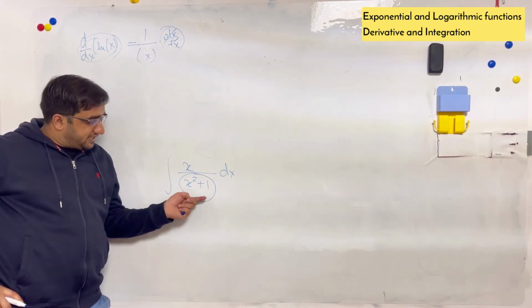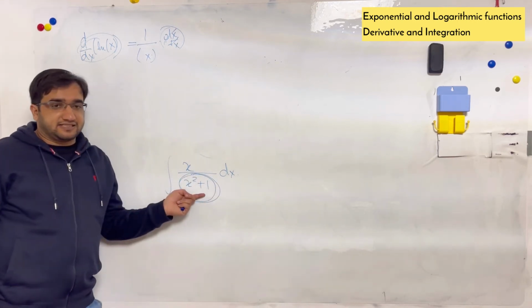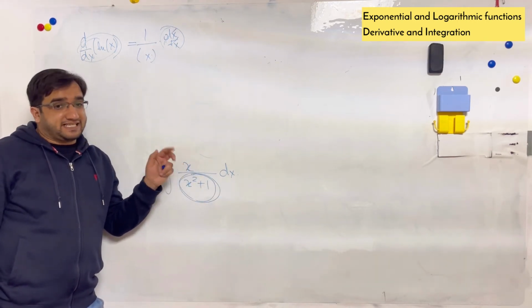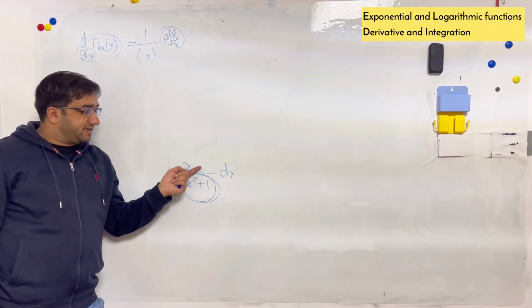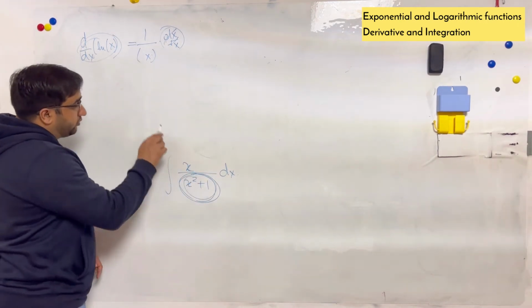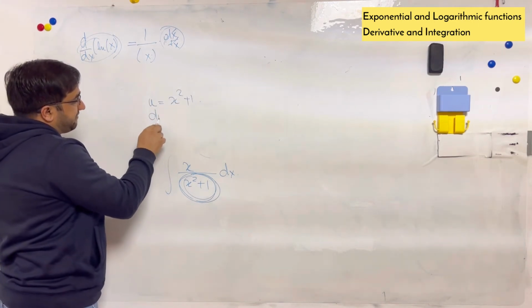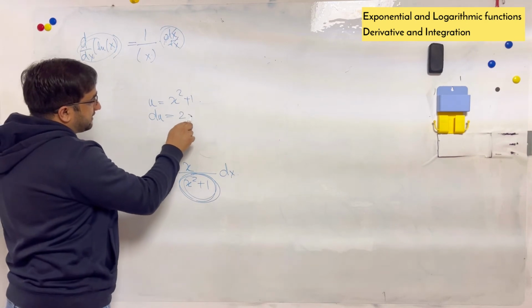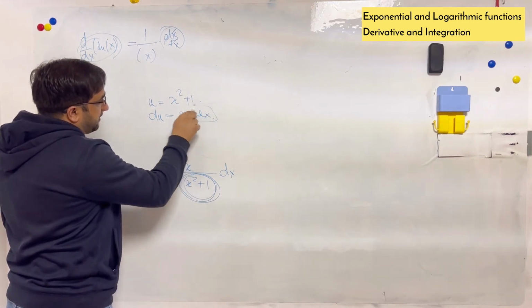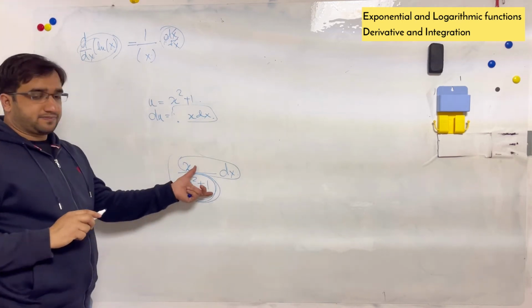You can see that the derivative of the thing downstairs is here, but some number is missing. If I say this is u, then u is equal to x square plus 1, and the derivative of this is 2x dx. Out of this, I have x dx upstairs.